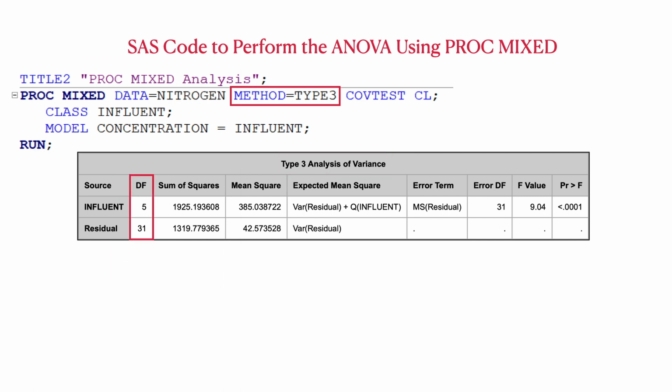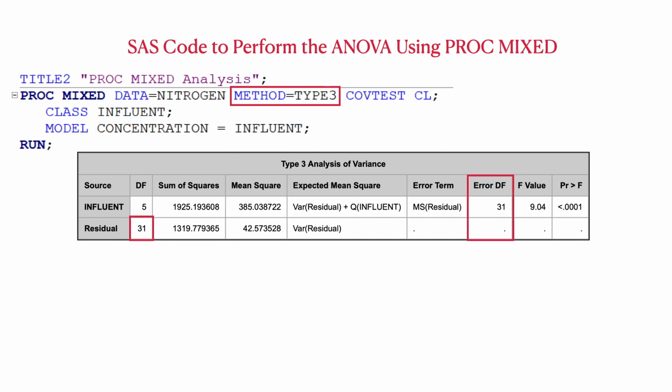We have a column for the degrees of freedom, and as you can see here, we have 5 treatment or 5 influent degrees of freedom, and we have 31 error or residual degrees of freedom. We have a column for the sums of squares, and these are equal to the sums of squares that we obtained previously. We have a column for the mean squares. These are also equal to what was obtained previously.